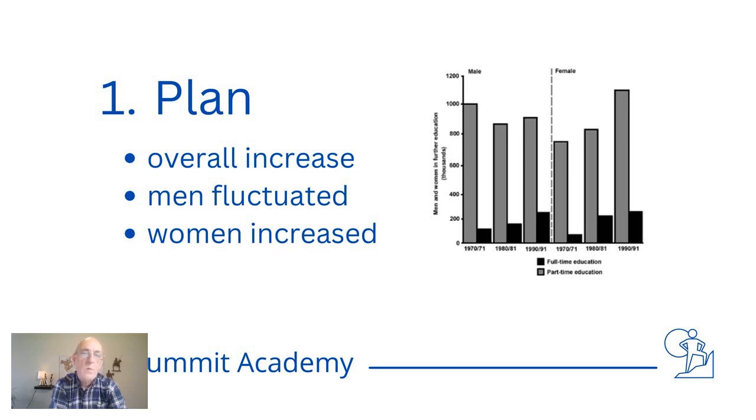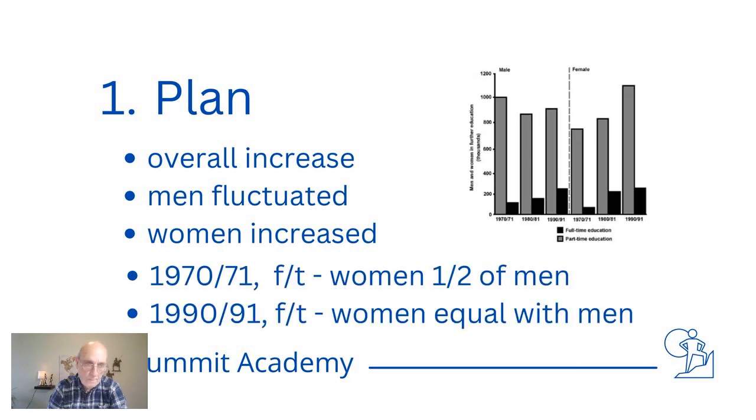There was an overall increase for both. So that's a pattern, or a trend, that I'll want to make sure I keep track of. Men fluctuated and women only increased. I'm going to jot those three things down in my notes.